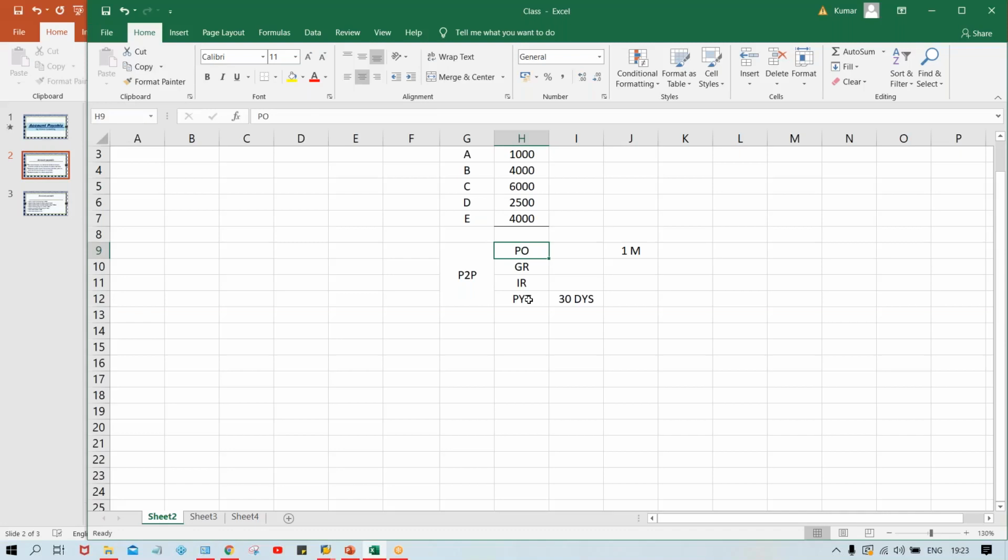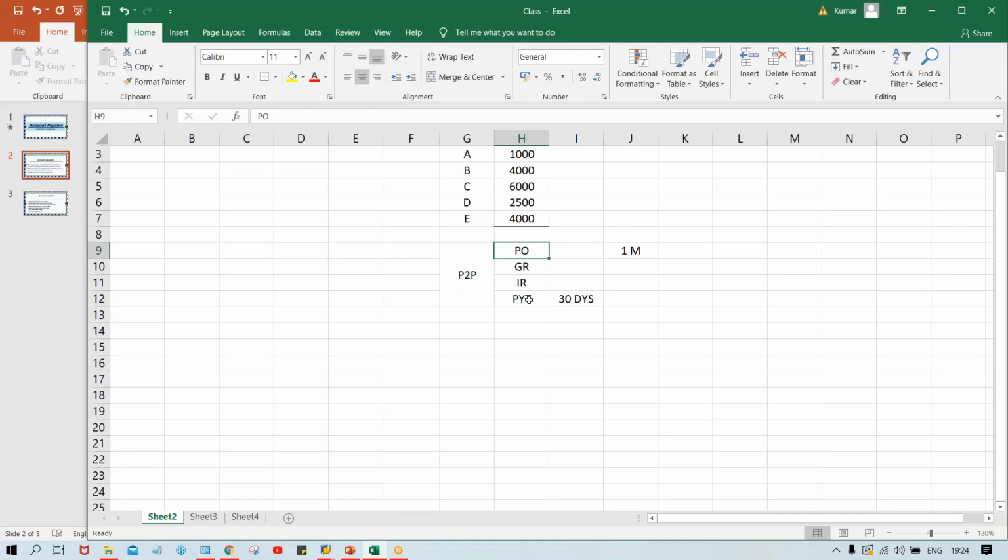Let's suppose details about which material is required, first of all. What should be the quantity, right? What is our expected delivery date? We are expecting delivery of this material by so and so date. And for which plant has it been ordered?